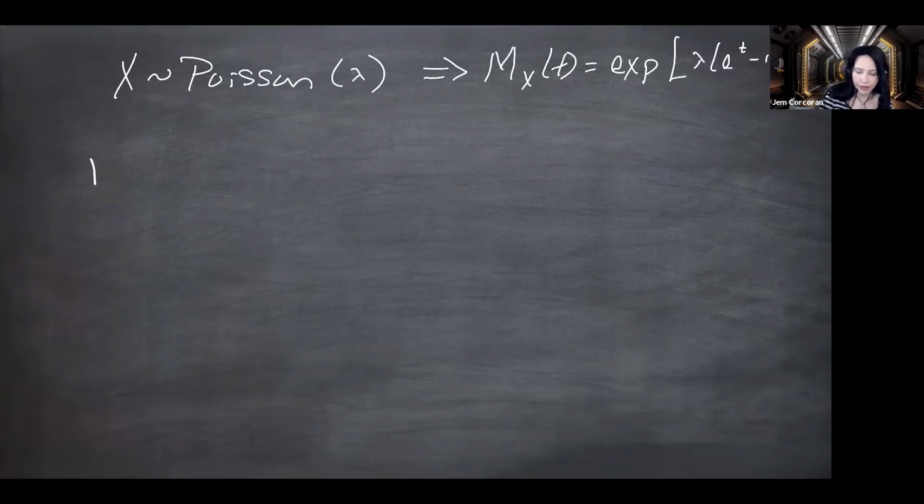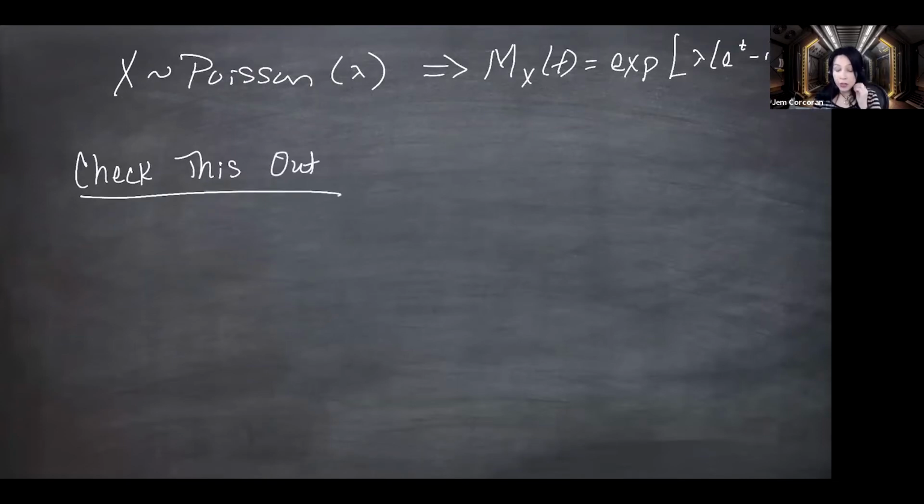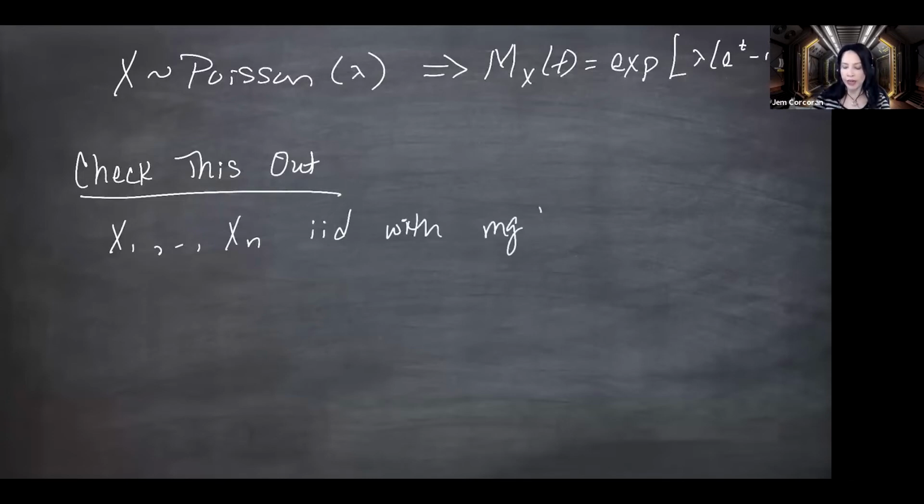So I don't know what to call this. Not an example, it's like a fact. Check this out. Suppose I have X1 through Xn, IID, independent and identically distributed, with moment generating function m sub x.